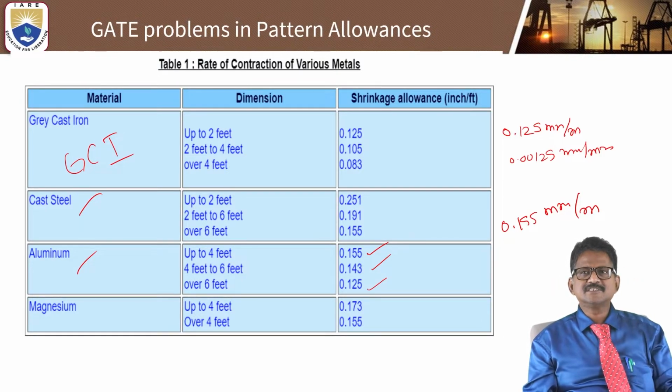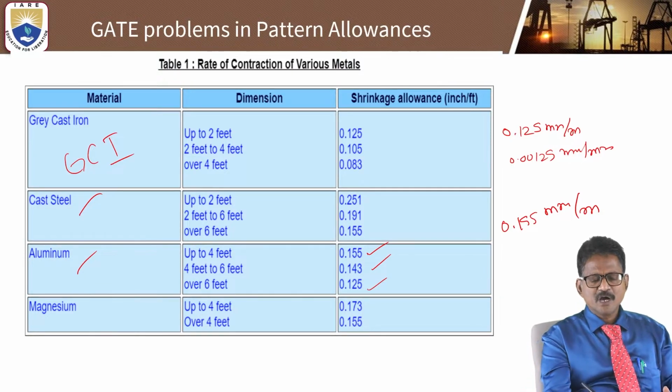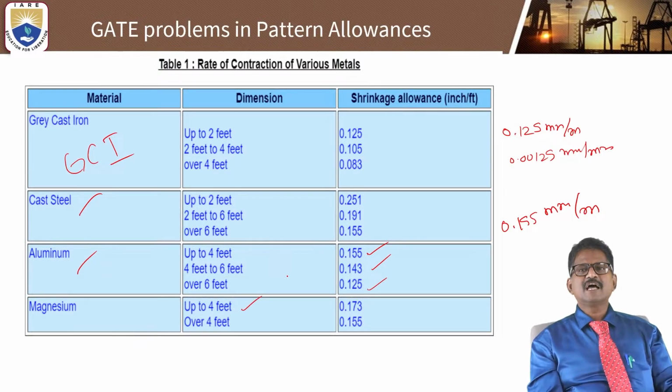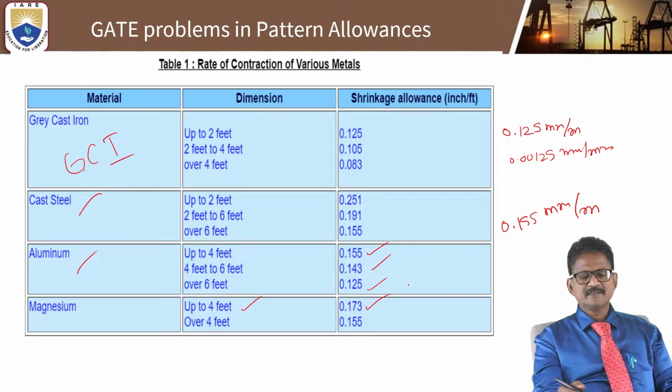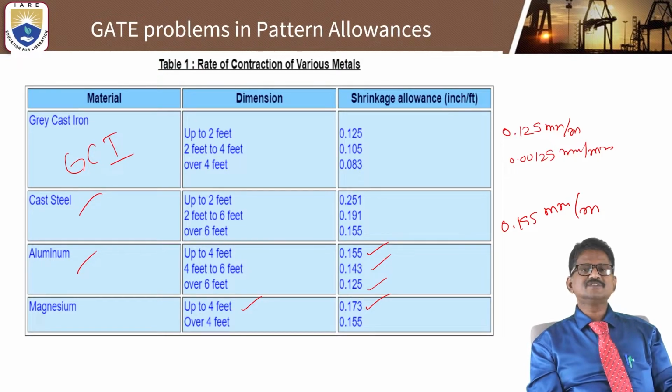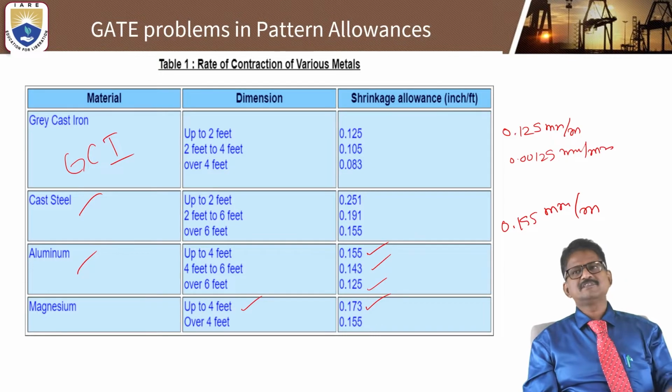By providing these types of allowances, and for magnesium also, up to 4 feet the allowance to be added is 0.173, and over 4 feet it is 0.155 mm per meter, or inch per foot for the given dimension.